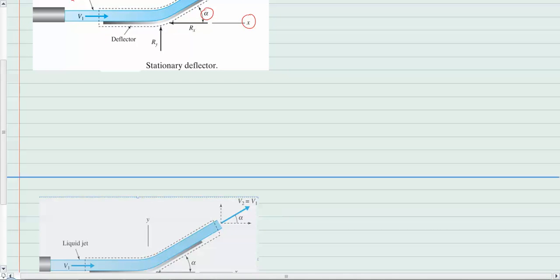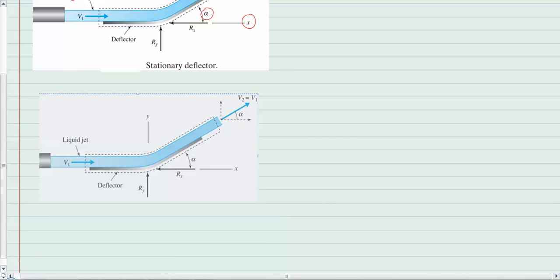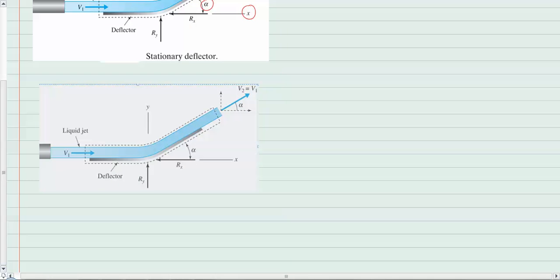Here is the second drawing, and we're going to give you some givens, and what you're seeking to find. In this problem, we're given a mass flow rate that's equal to 32 kilograms per second.